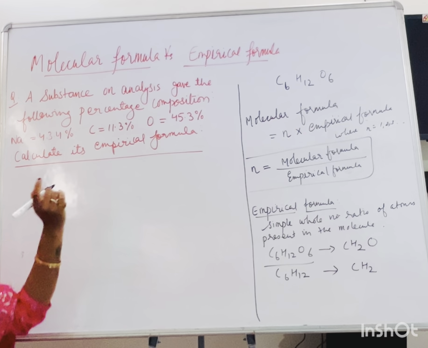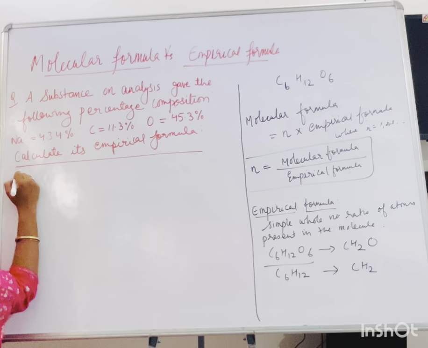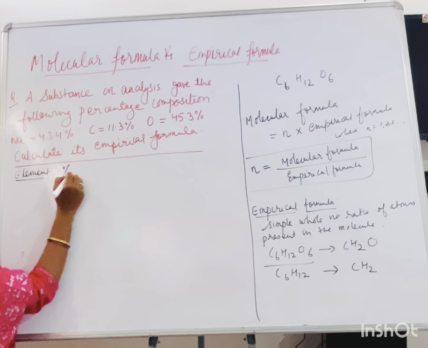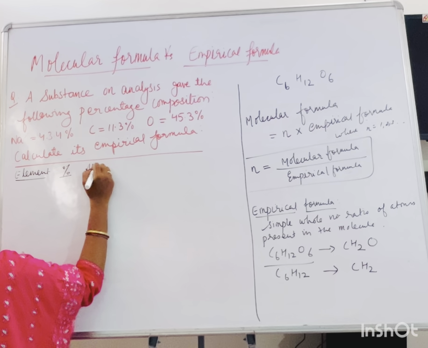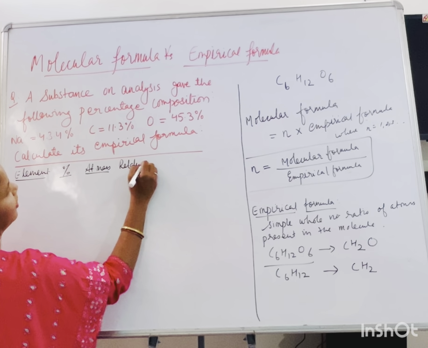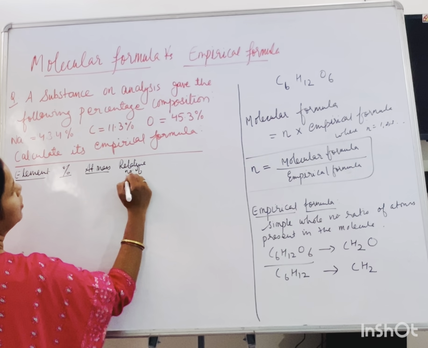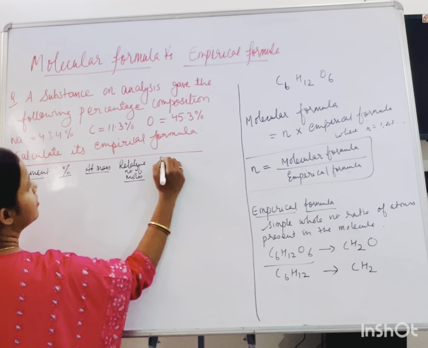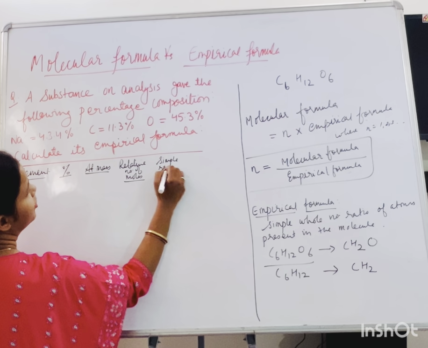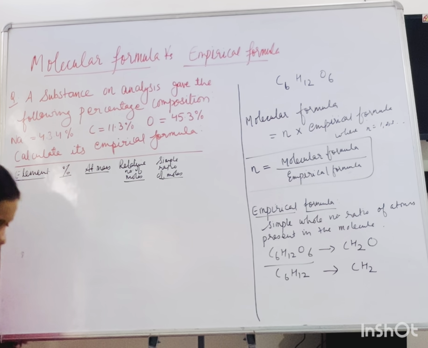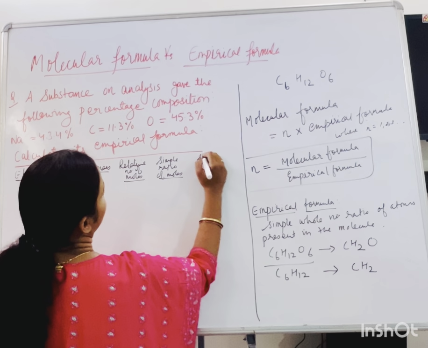First of all, let us see what elements are present: element, percentage composition, atomic mass. Then we will find the relative number of moles, then calculate the simple ratio of moles, and then the simplest whole number ratio.